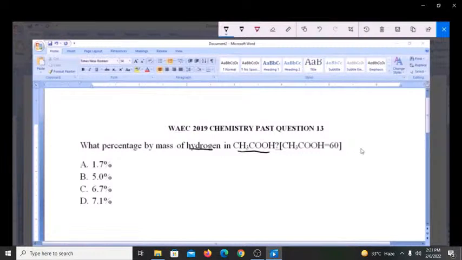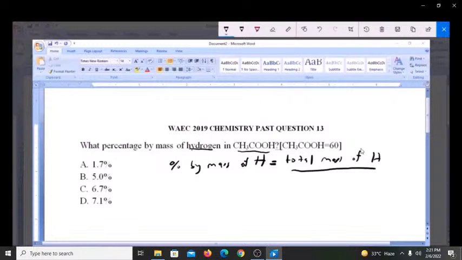Now, percentage by mass of hydrogen is equal to total mass of hydrogen divided by molar mass of ethanoic acid.